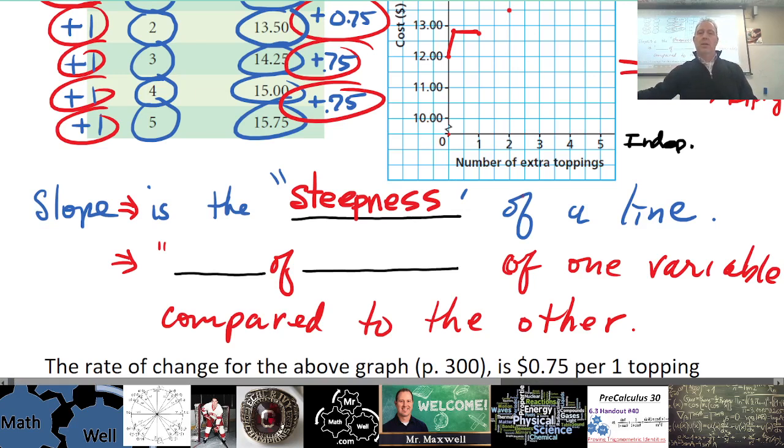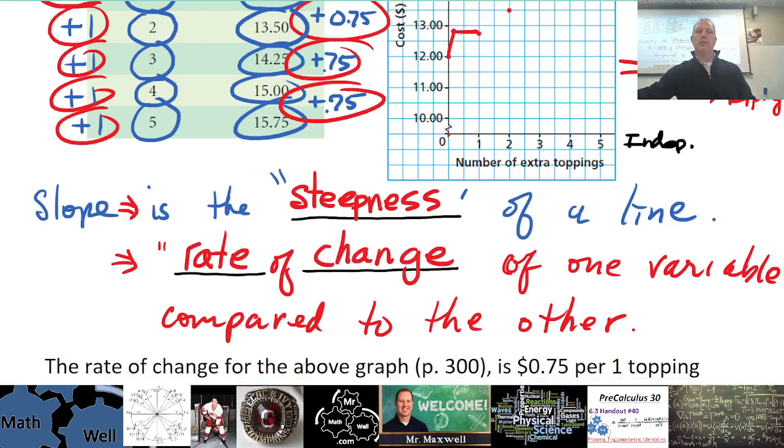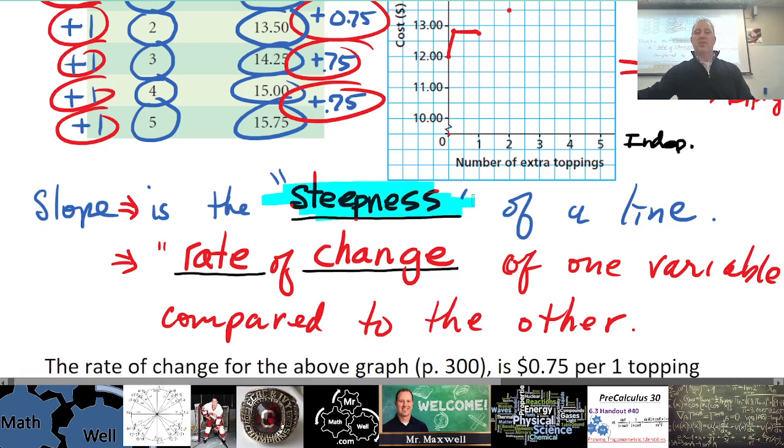Okay? Now, it is also the rate of change of one variable compared to the other. So slope can be thought of as the steepness of the line, or more specifically, the rate of change of one variable compared to the other.